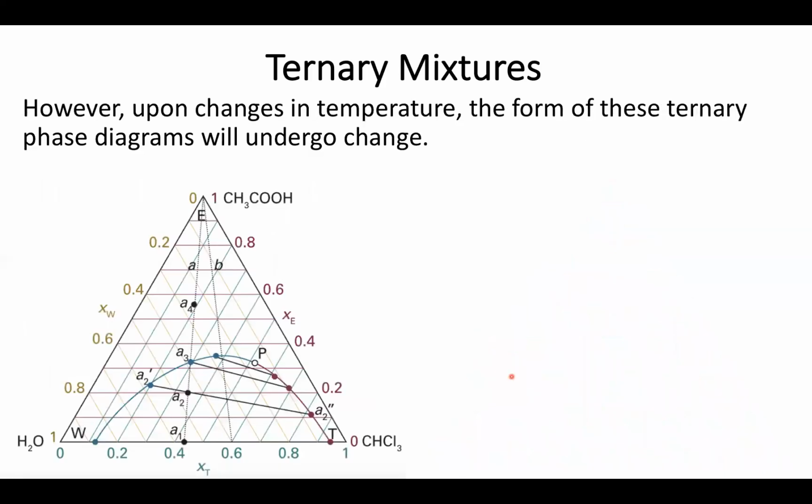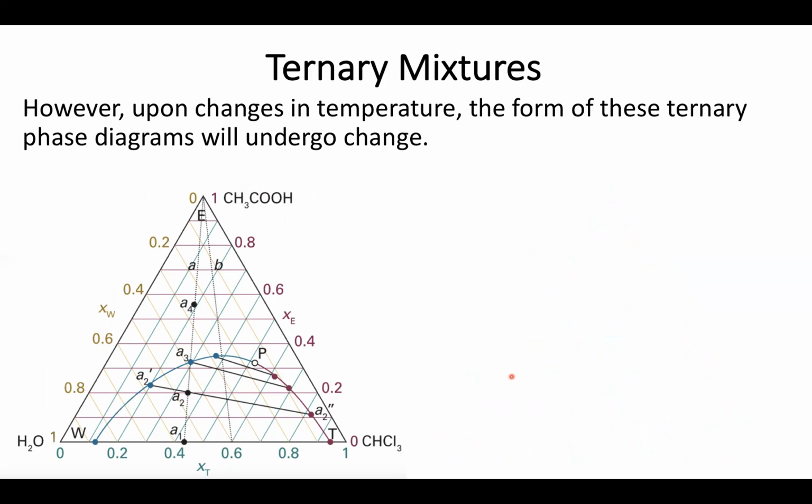However, one of the final things I want to emphasize is that all of these ternary mixtures have assumed a constant temperature. So you're often going to find a temperature value presented along with these ternary mixtures, just like we tend to have an assumption of a certain pressure when I'm looking at my binary phase diagrams.